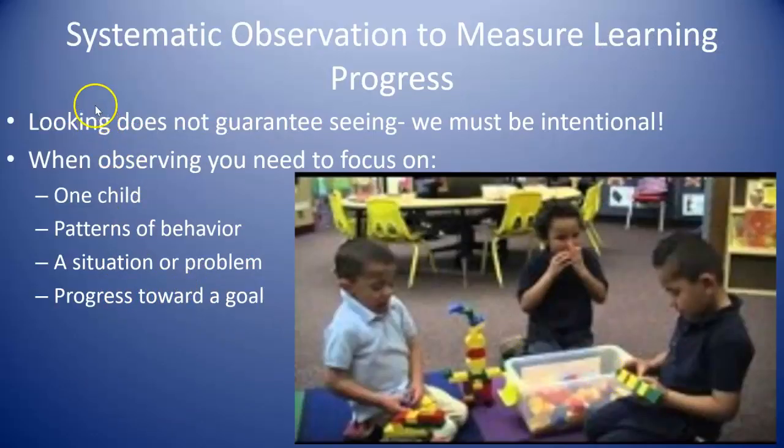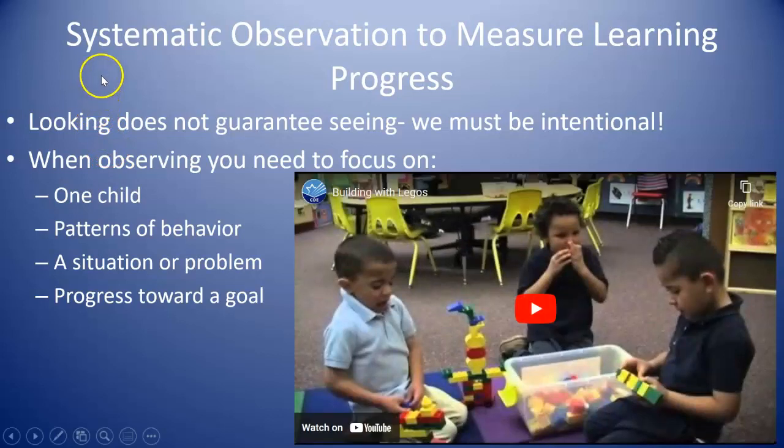All right? So when we think about systematic observational assessments, we're looking at being intentional. We're focusing on, again, what we see, what we hear, not what we think is happening in a certain situation.